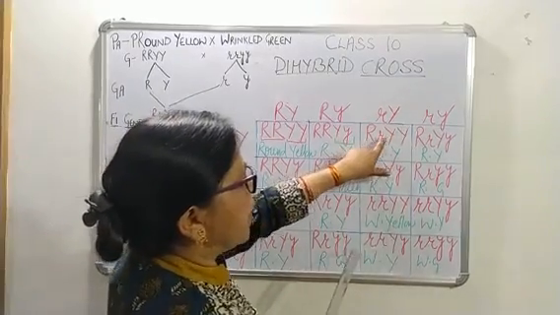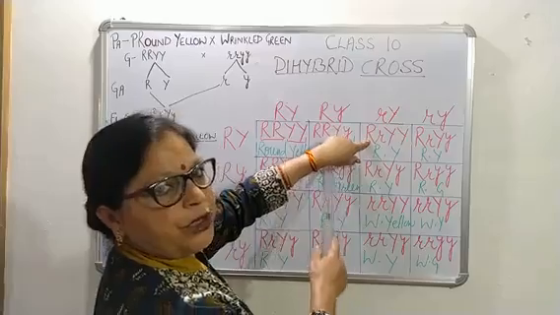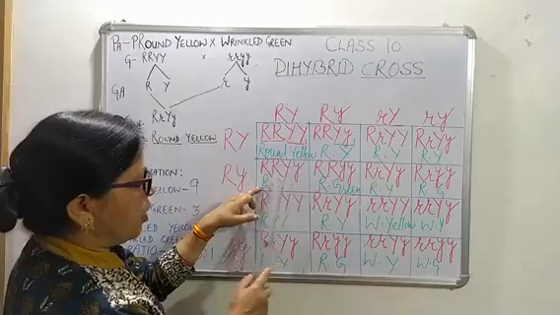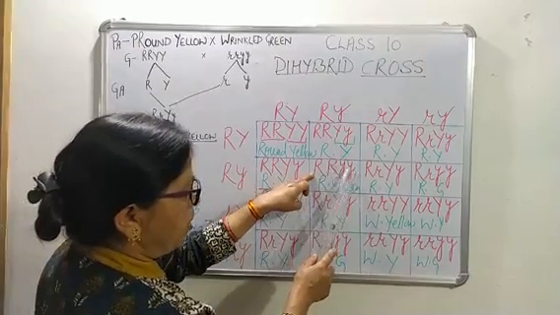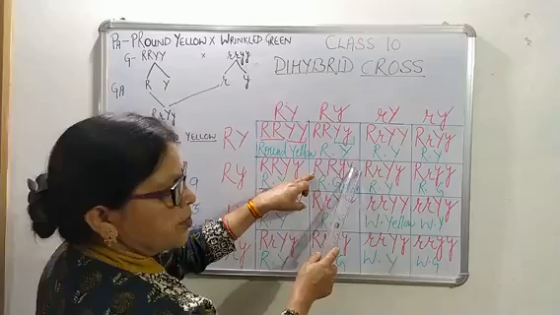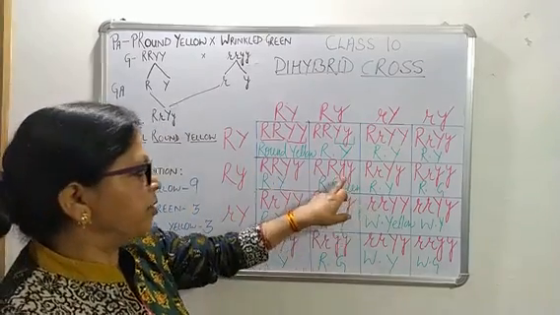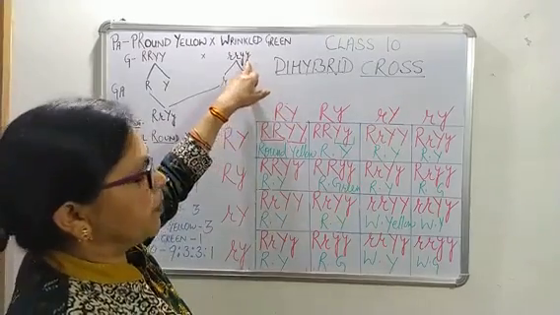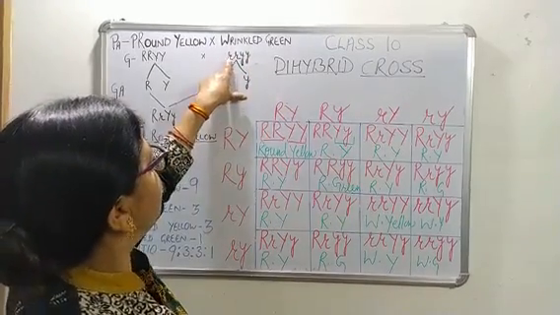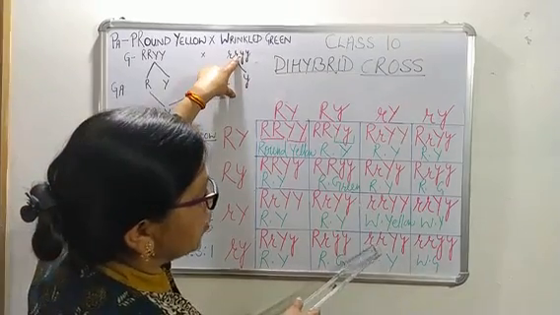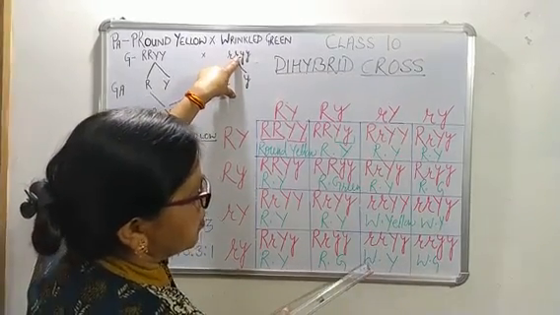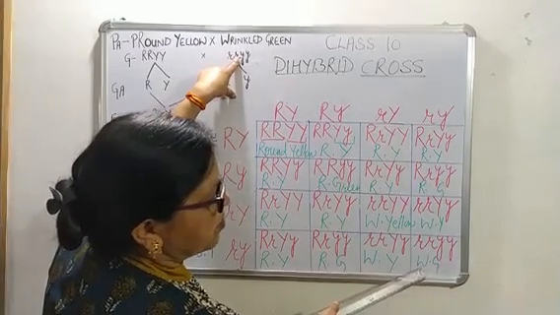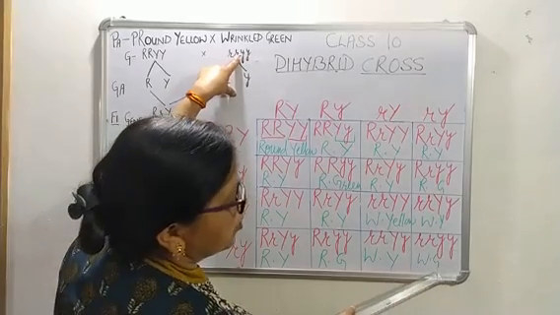Here again, both are heterozygous, but it will show the dominant trait, so round, yellow. In this way you can read. This is round, but it is green, because both are small. A recessive trait is expressed only when both are small. Similarly, if both are small r, it will represent wrinkled. If both are small y, it will represent green.